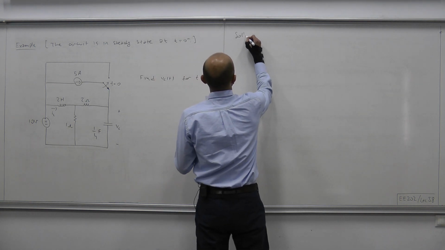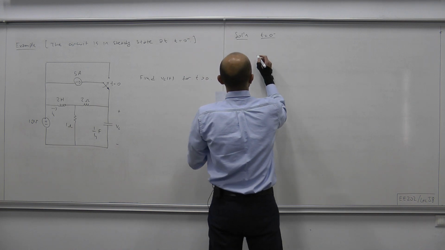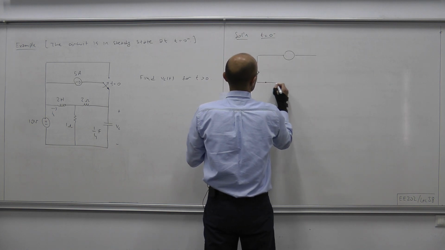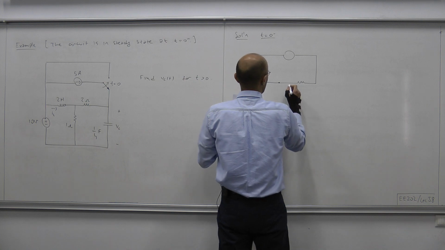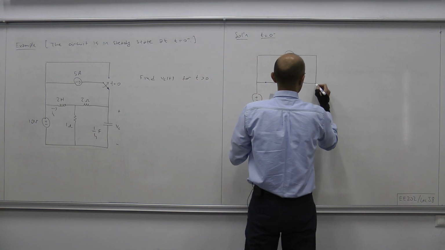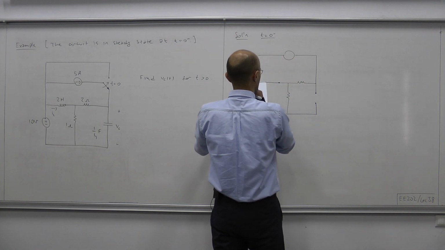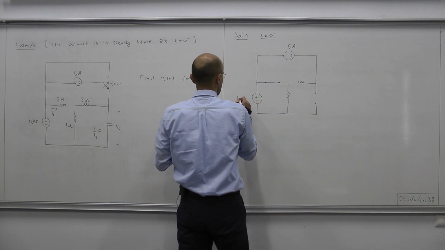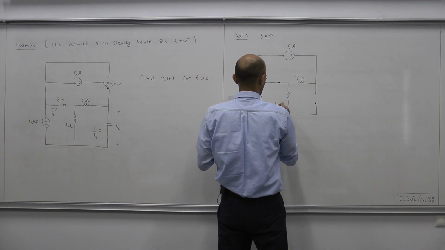Okay, solution. At t equals 0 minus, we have the following circuit. 5 amps, 10 volts, 2 ohm, and here we have 1 ohm.